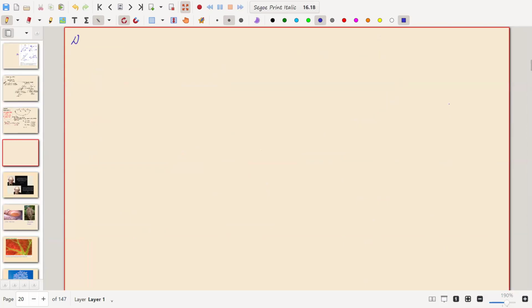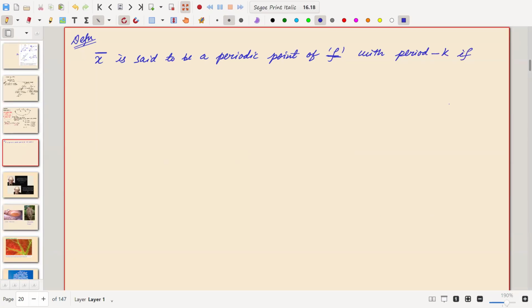So we are moving to the definition of a periodic point. Suppose x bar is said to be a periodic point of f with period k if, can you tell me the condition? f composed k times at x bar is equal to x bar.